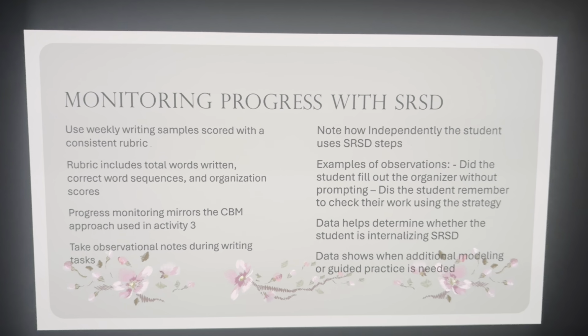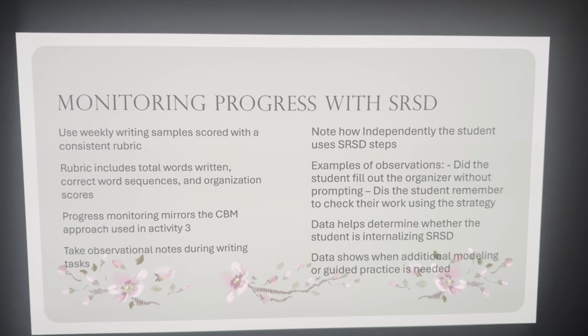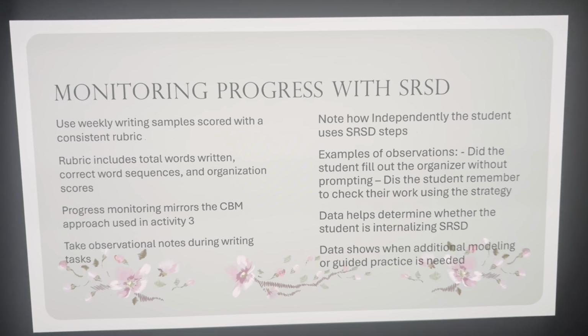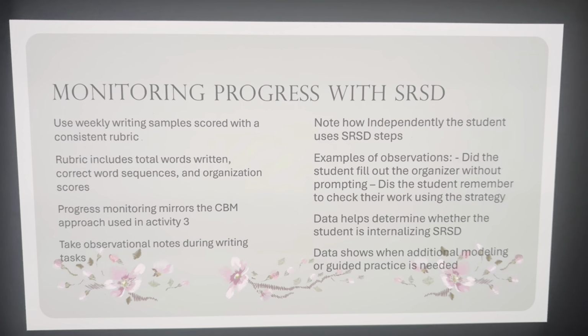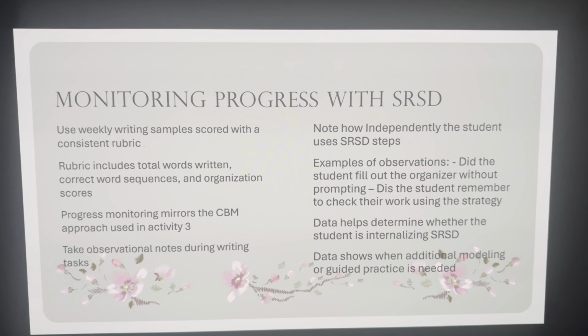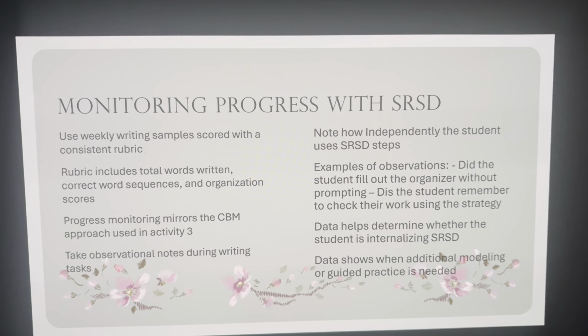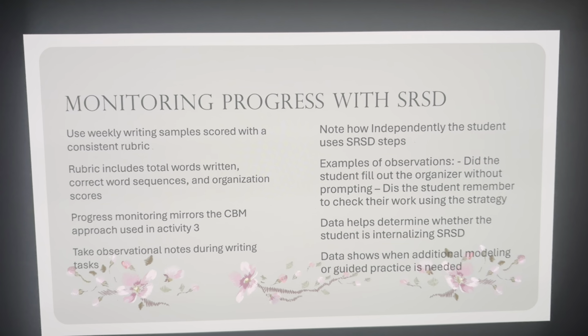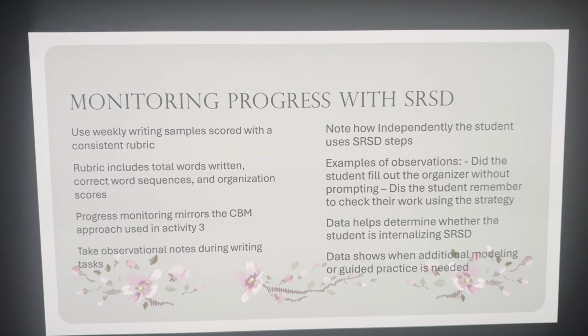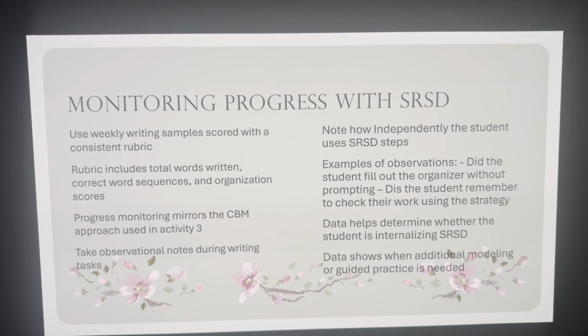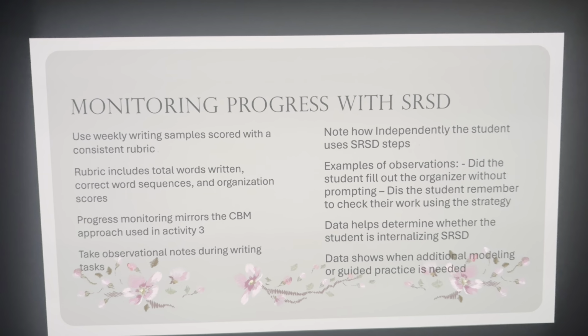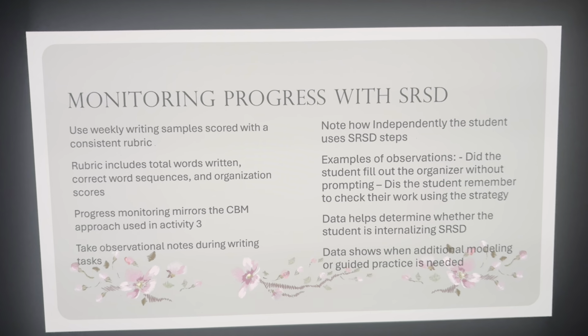For example, I might record whether the student filled out the organizer without prompting, or whether they remembered to check their work using the strategy. These data points help me determine whether the student is internalizing the strategy or still needs additional modeling and guided practice.